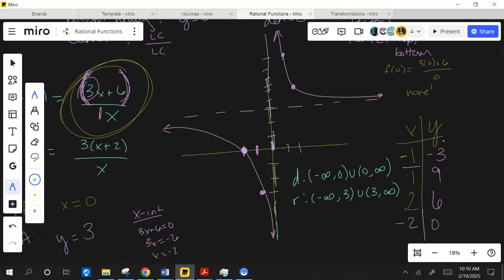Yes, if it was a hole, you'd leave it out. On the left and right. Every time, and you might have 2 or 3 vertical asymptotes. Every time you have a vertical asymptote, go 2 left, 2 right. But you're going to use your calculator to find those values.